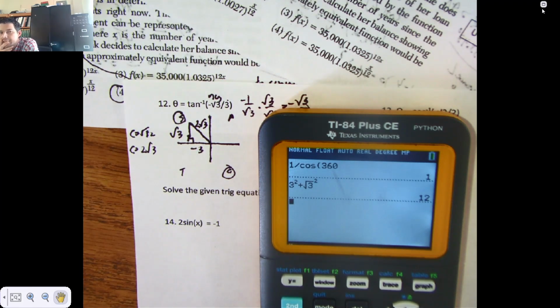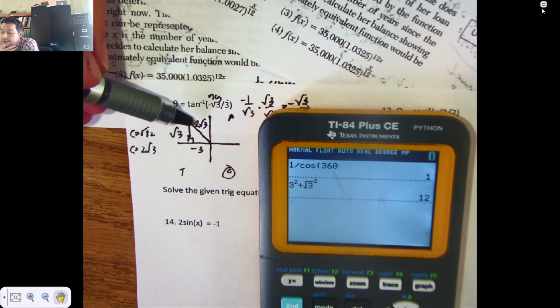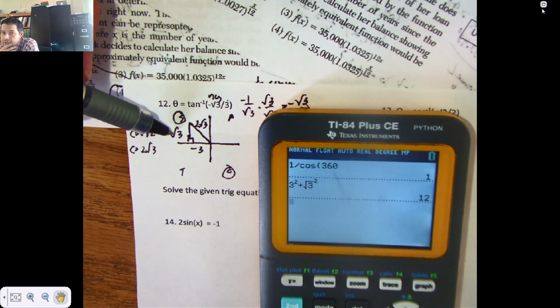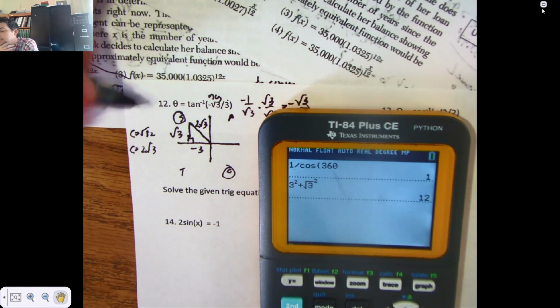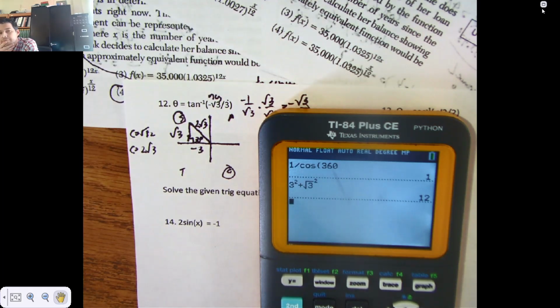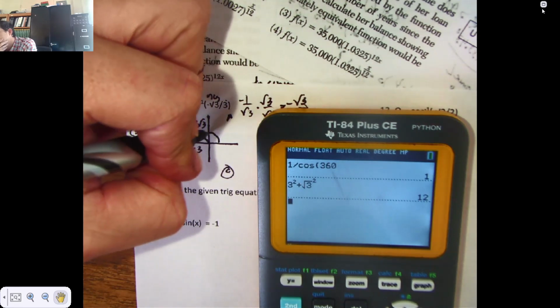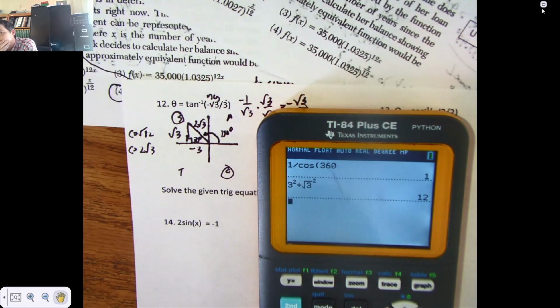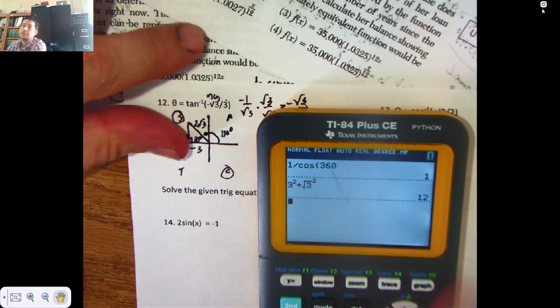This is a 30, 60, 90 pattern. The hypotenuse is twice the short leg. Additionally, if you take the short leg, root 3, and you multiply it by root 3, you get that one. So the reference angle is 30 degrees, which means the actual angle was 150. That's one of the answers. There were 2 of them. There's always 2 of them.